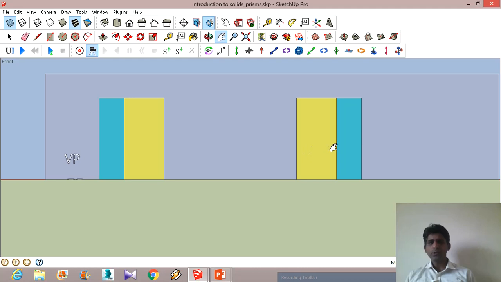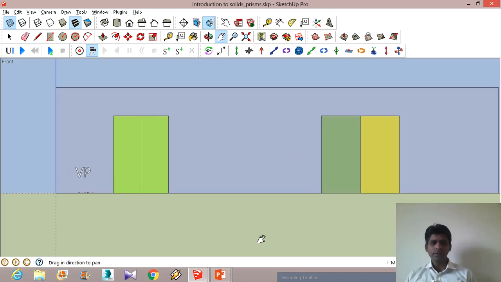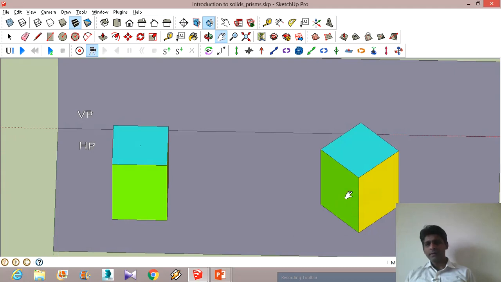Here also only two lateral surfaces are visible, and in case of a square prism, we can see that only one lateral face is visible. All of the rest are behind this. But in this particular orientation, we can see that this green and this yellow faces are visible.